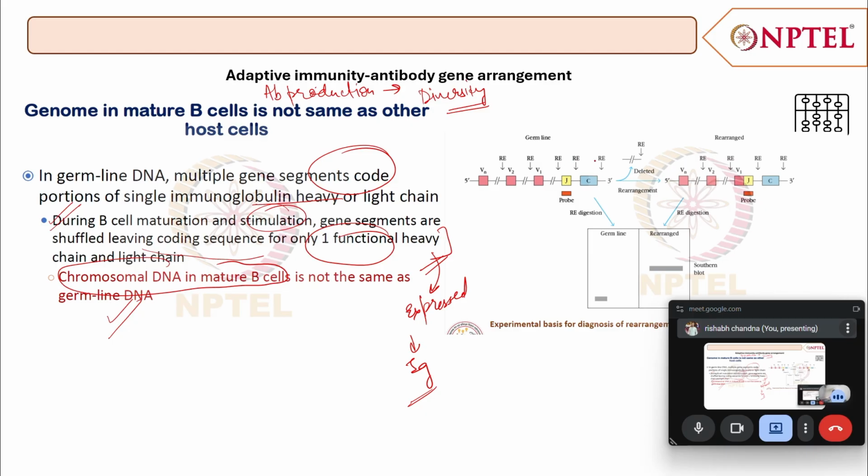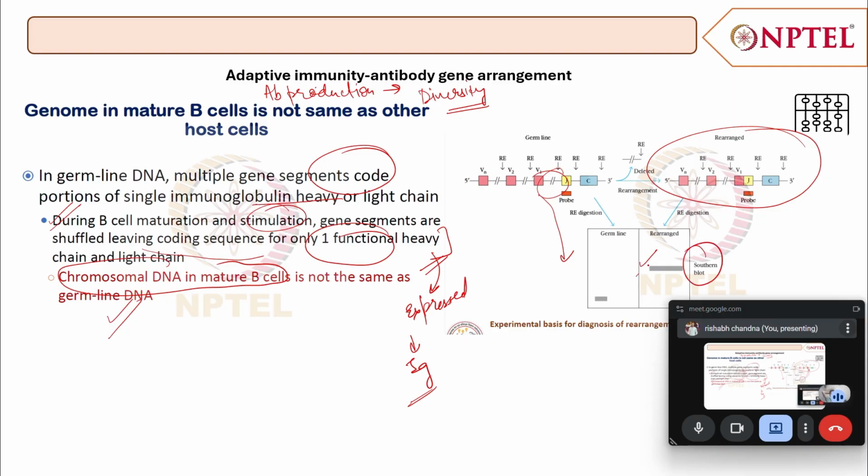So as we can see here, this is the germline DNA, and after the maturation, there are some segments that have been deleted, and this is the rearranged gene segment. So when we do a Southern blot or a restriction enzyme digestion, both of them will produce different types of fragments, because here we have various restriction enzyme sites, while in this case we have very minimal enzyme sites.